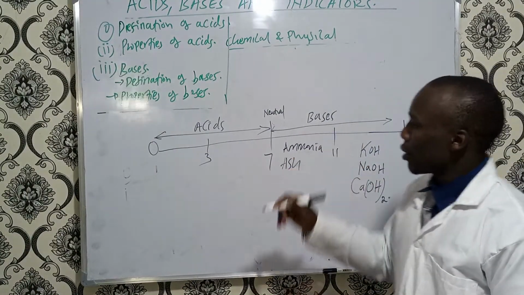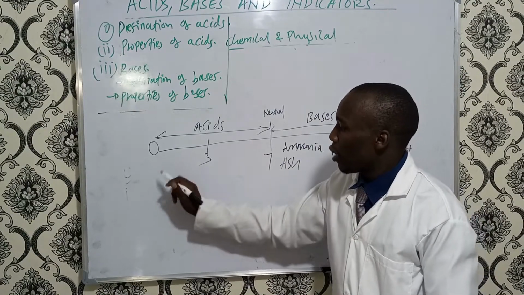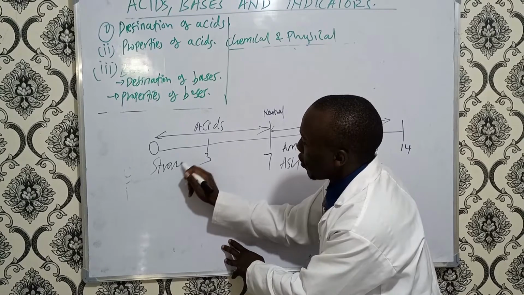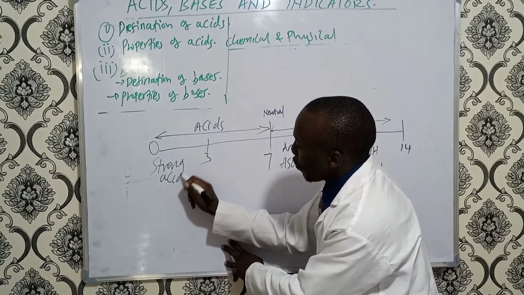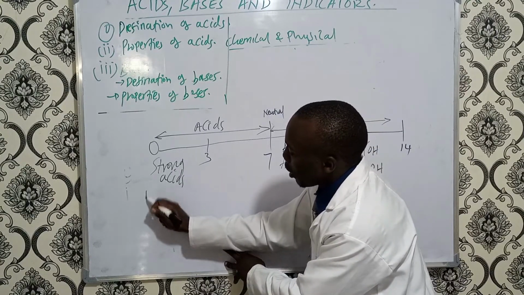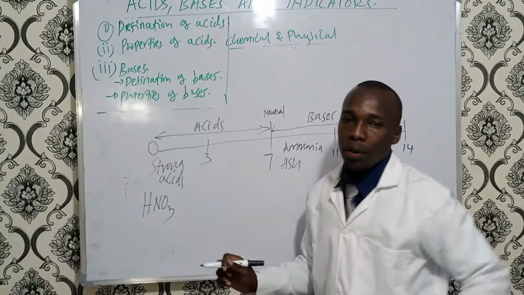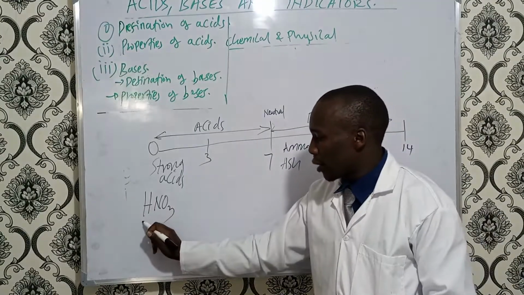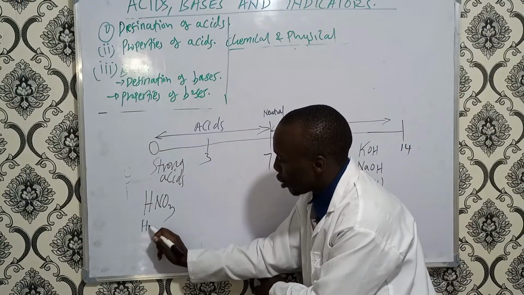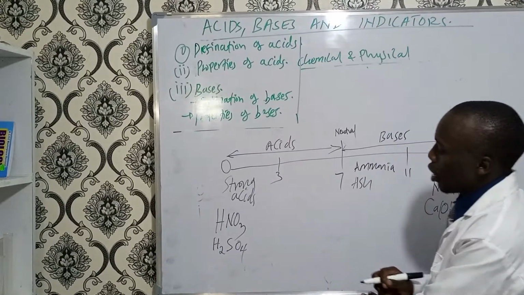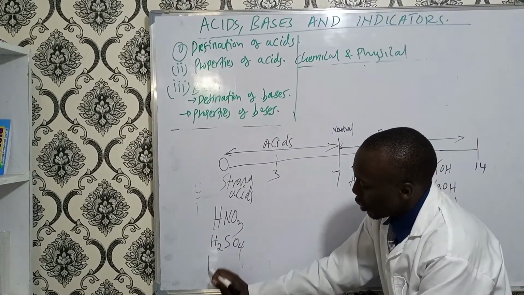On the side of acids, we have strong acids, and strong acids are the likes of nitric acid, which is HNO3. We also have sulfuric acid, which is H2SO4. We also have hydrochloric acid, which is HCl.